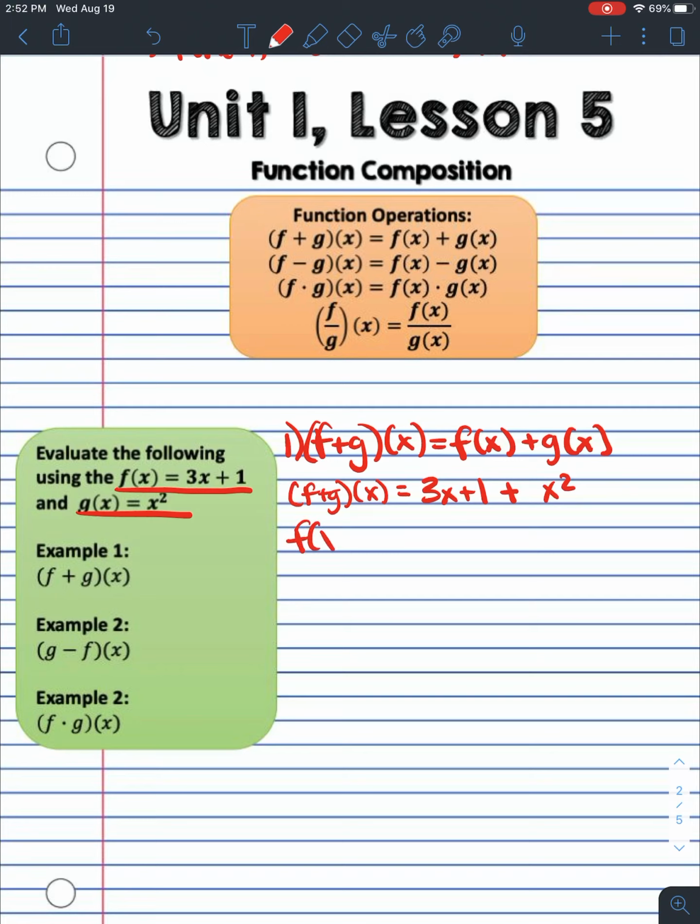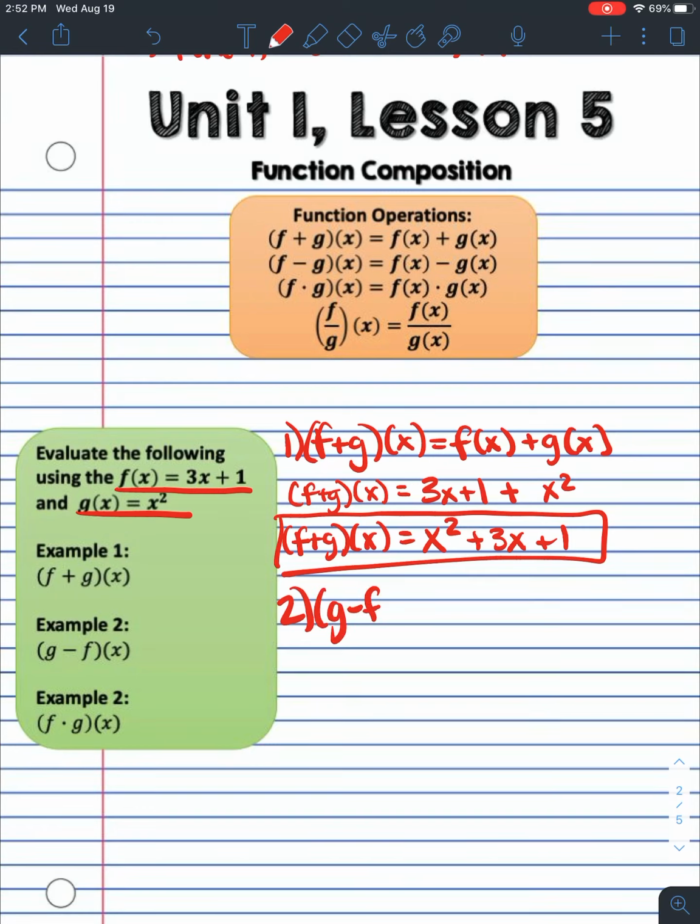I like things to look pretty. I like them to be nice. So I'm going to go ahead and rewrite this in order. I always put my highest exponent first. So I'm going to have x squared plus 3x plus 1. And that's it.